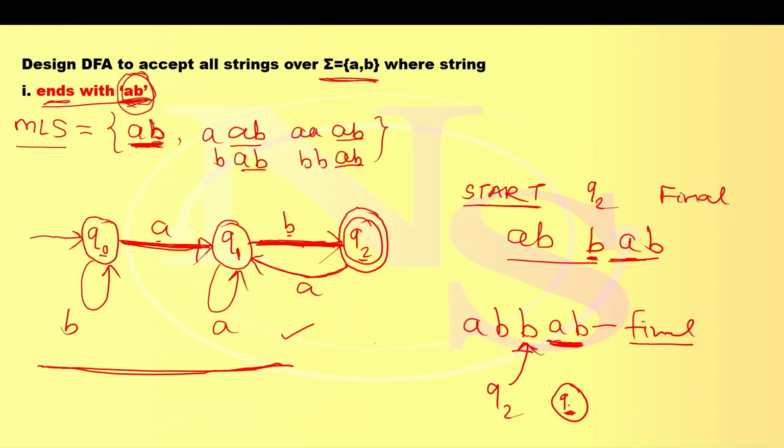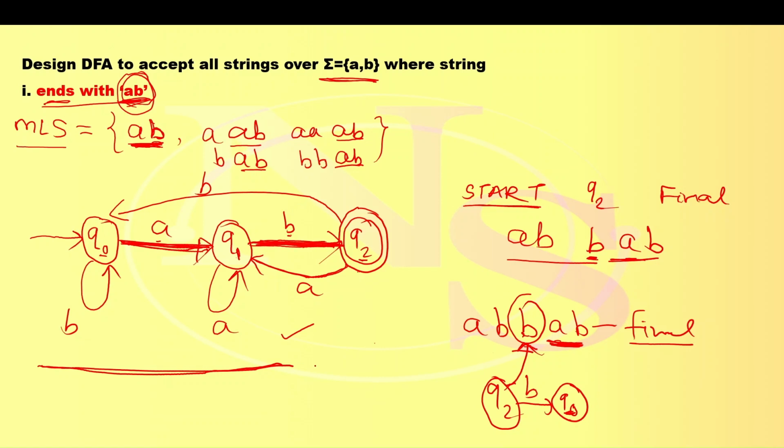So that some other state will be Q0. Hence, the transition from state Q2 for symbol B will go to Q0, because after this B, AB can come. If AB is coming, Q0 will read this A, B and go to final.